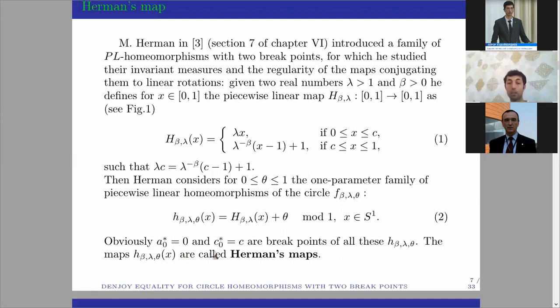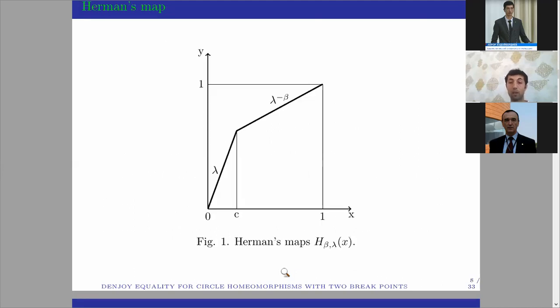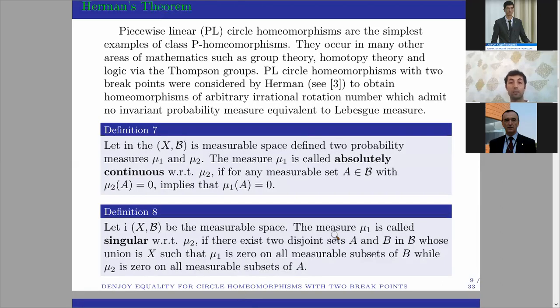Clearly, breakpoints of this map are 0 and C. I want to mention that breakpoints of capital H and small h are the same. And these small h are called Herman maps. This is a graph.